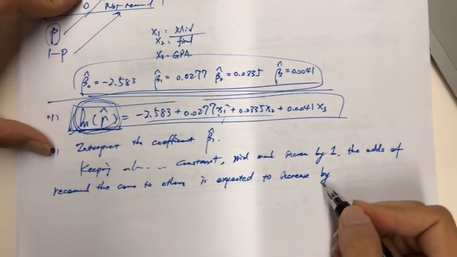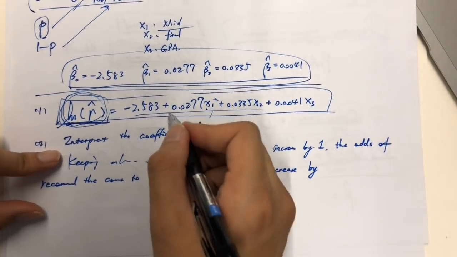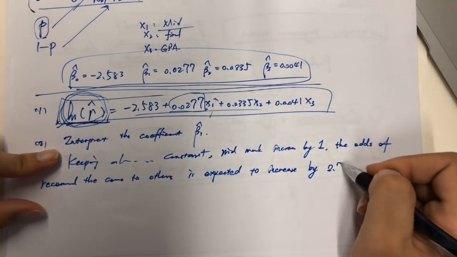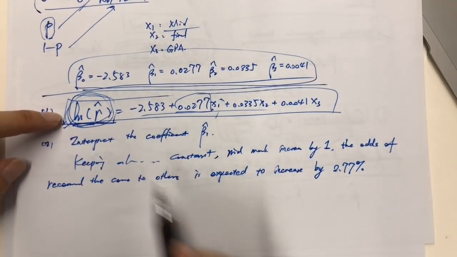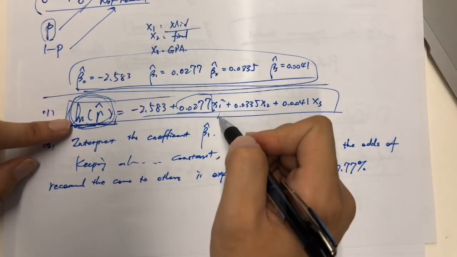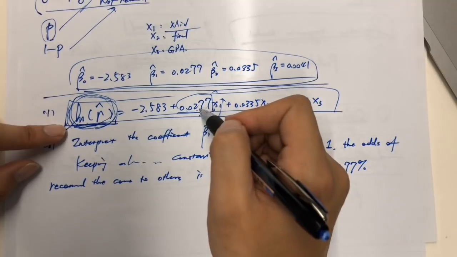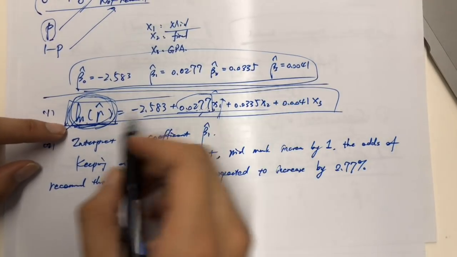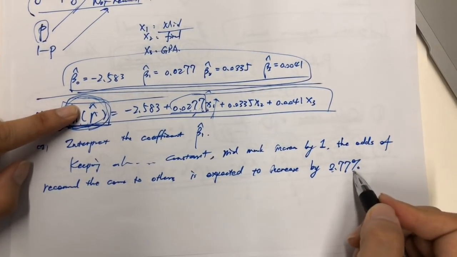by, look at this, it's magic, it increased by 2.77%. This is how the log works. When x increased by 1, the log of r hat increased by 0.0277, and r hat, the odds, will increase by 2.77%.